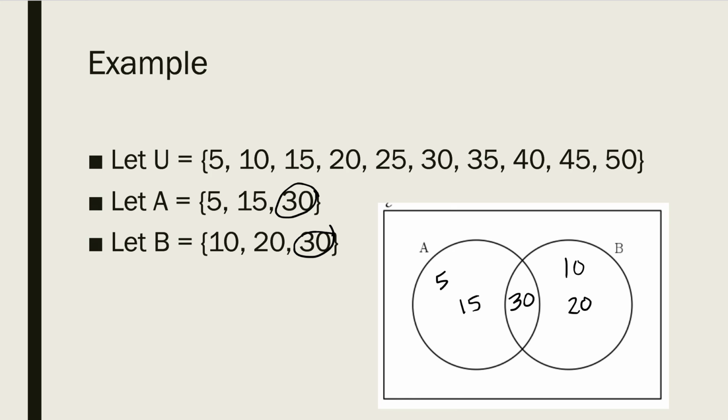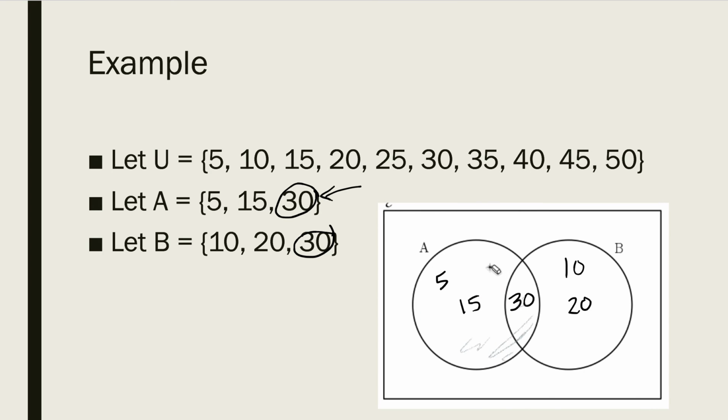Okay, so if you look at this, make sure you see how this is happening. So if I look at just circle A, all right, so I'm shading the entire circle A here. The shaded part of the circle, the whole circle, should have the elements 5, 15, and 30, which it does.